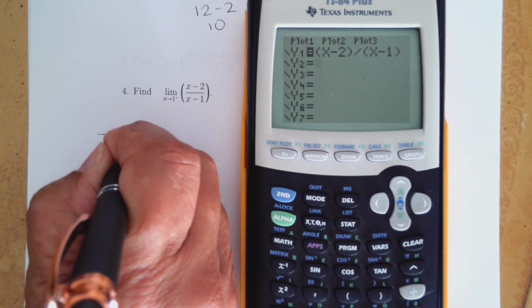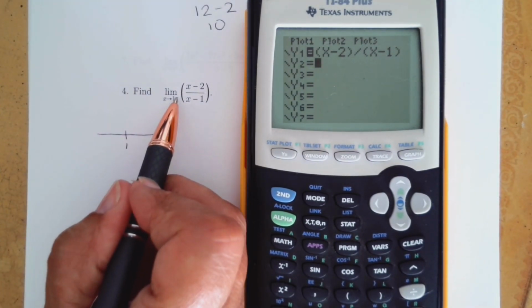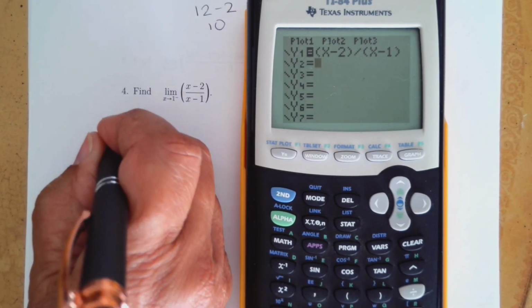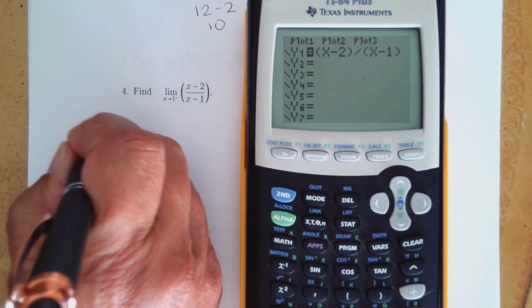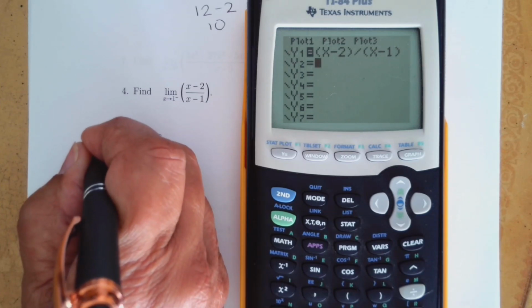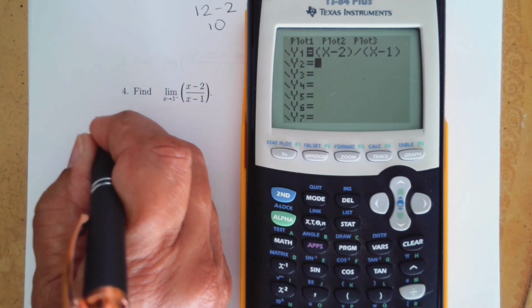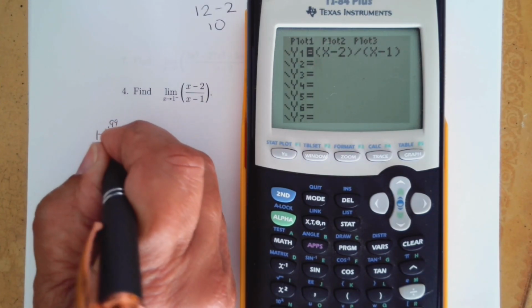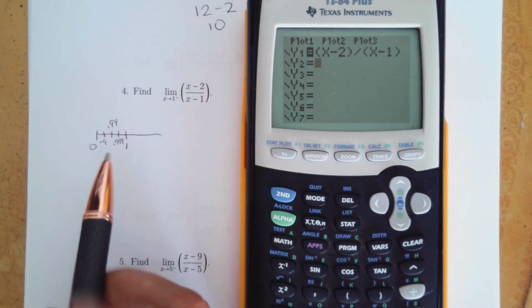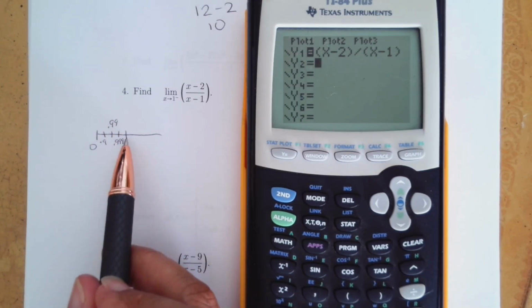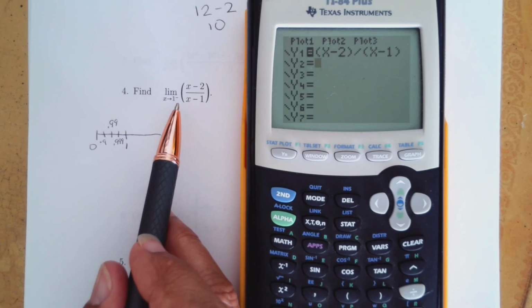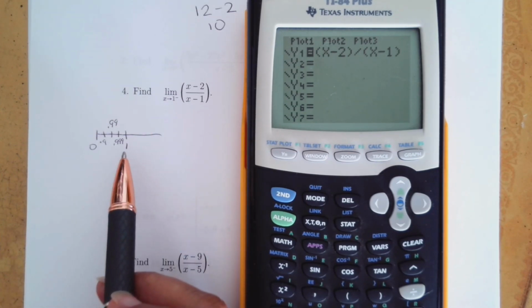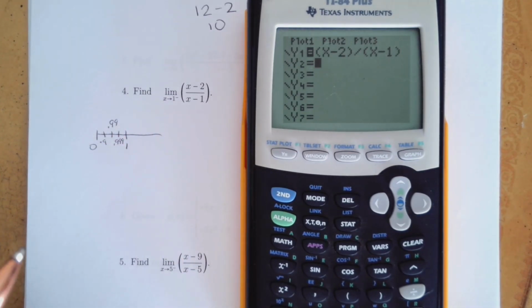Here's 1, it's positive 1, right? And we're going to come from the left. So from the left, here's 0, and then we're going to do 0.9, right? Here's 0.99, 0.999. I'm going to get closer and closer to 1 from the left. So I can't go to 1, so I'm going to use a lot of 0.9s.